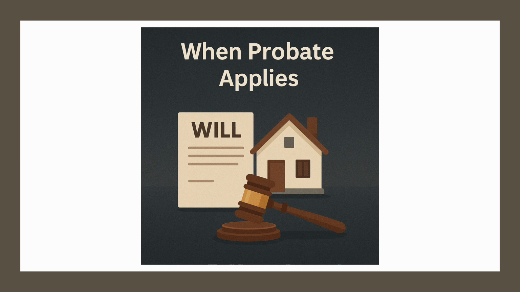You can think of probate as being the default. If property is titled solely in the decedent's name and there are no beneficiary designations, then it must go through probate. Probate provides legal authority to transfer title, resolve creditor claims, and ensure that the distribution is lawful.